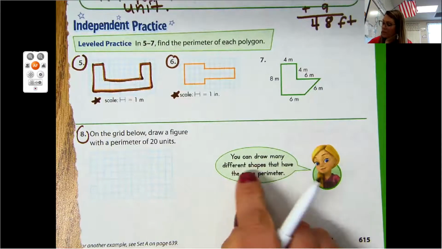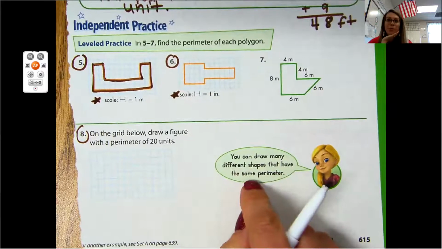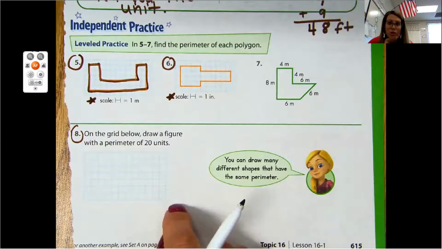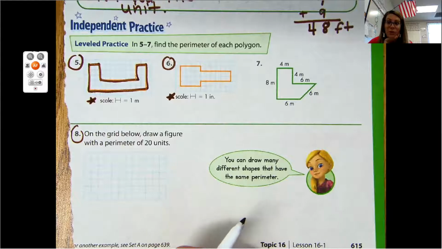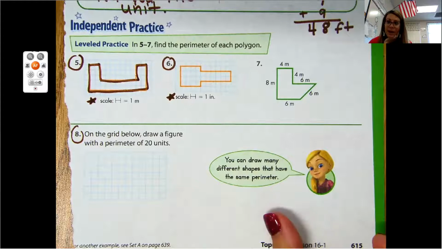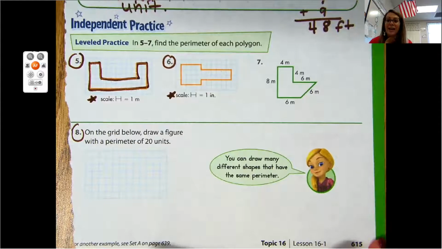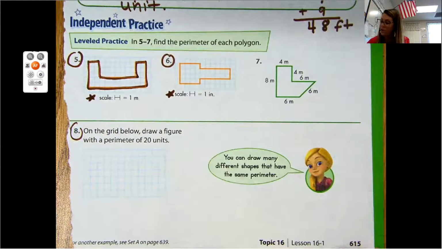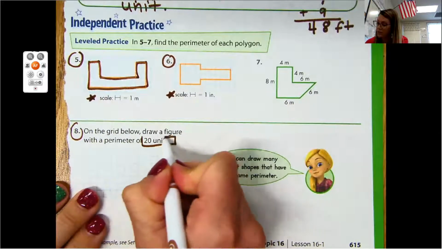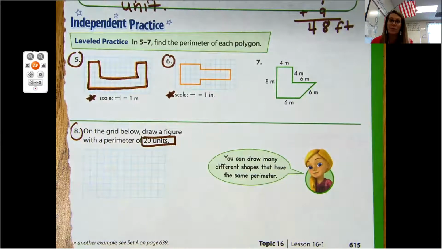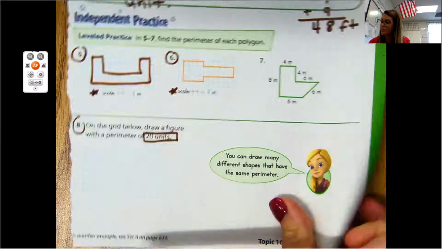You can draw many different shapes that have the same perimeter. So the way I might draw a 20 unit perimeter might not be the same as yours. It's up to you. Okay, remember just adding them all together. Each side, when we add them together, has to make a total of 20 units.